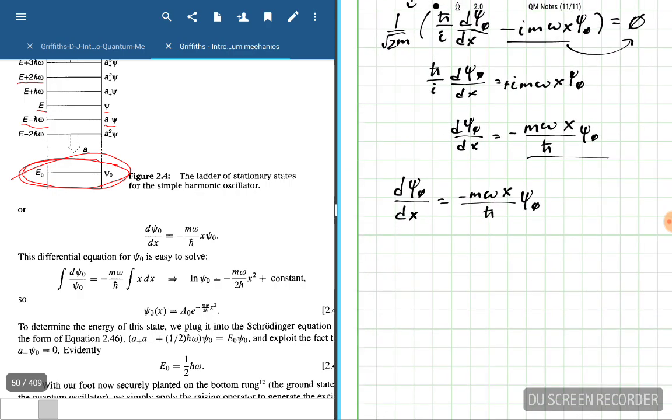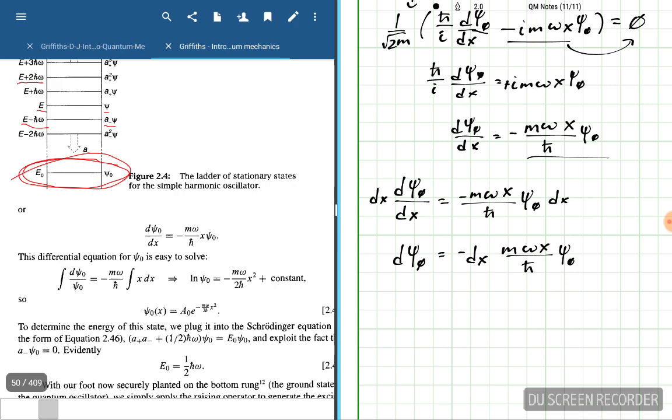Okay, so what I'm going to do here is I have change in psi naught over change in x equals this whole stuff. So I am going to just multiply both sides by dx. So I have change in psi naught, d psi naught, equals, I'll just say negative dx times m omega x over h bar times psi naught.